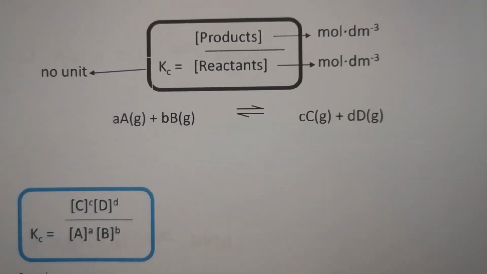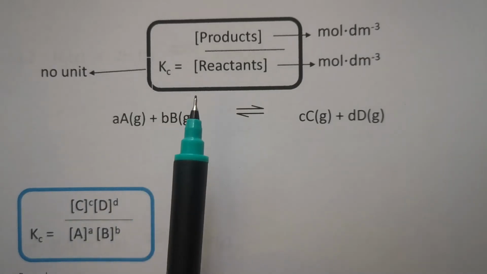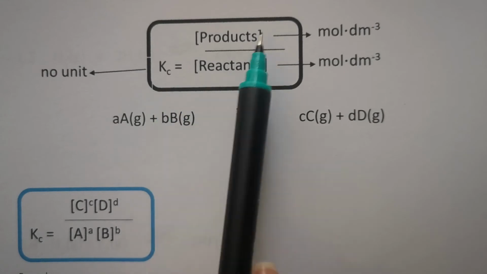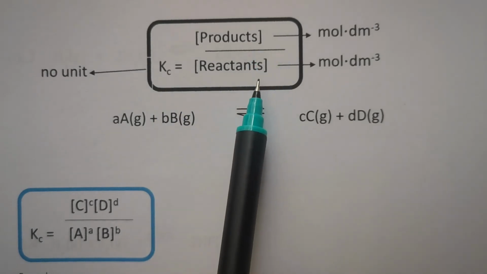Okay, so we're now going to learn how to write the Kc expression. The Kc expression tells us how we're going to calculate Kc. It doesn't necessarily involve any values. Whenever you're doing this sort of problem, you have to start with the following equation: Kc is equal to products over reactants.